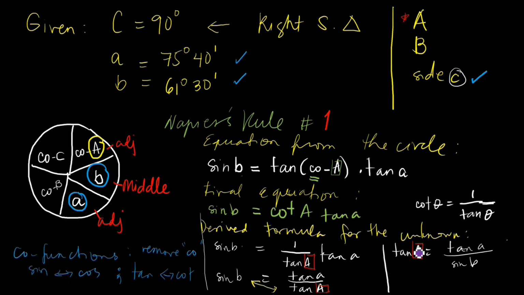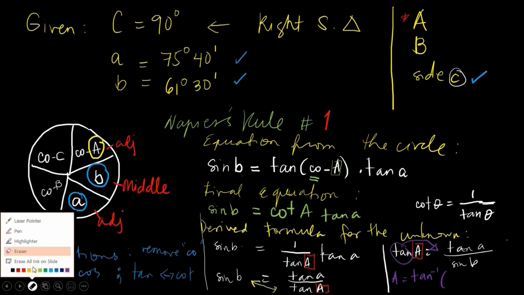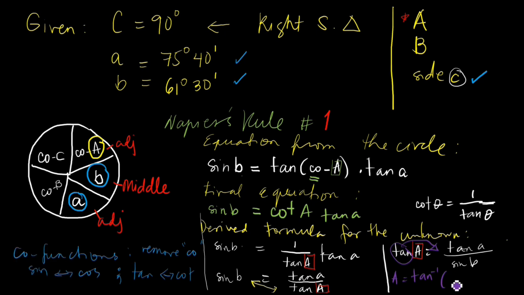If we write tangent on the right side, that will be A equals arc tangent, and then you copy tangent of side A over sine of angle B. I'll just rewrite it. So this is already the derived formula for the unknown.